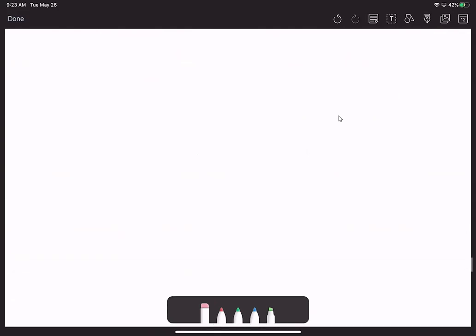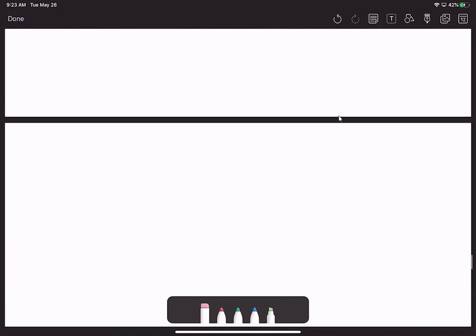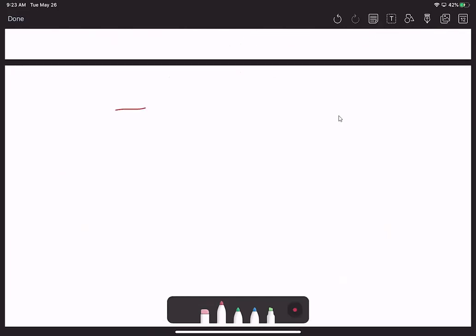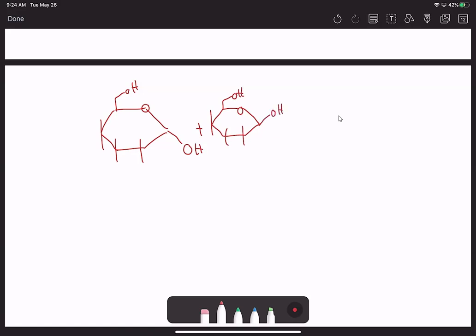Nope, I don't have an image of it, but we do need to know what it looks like. All right, so we get a structure.